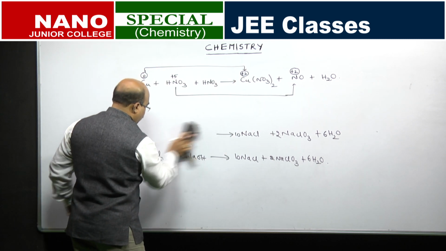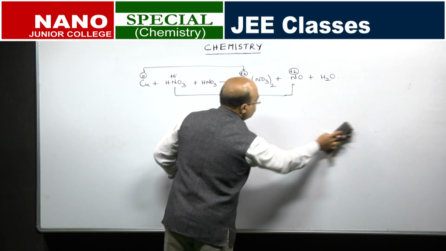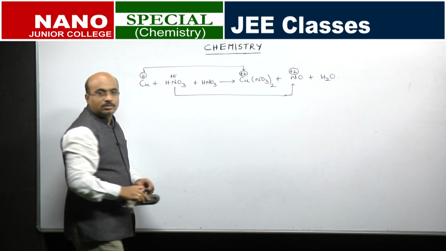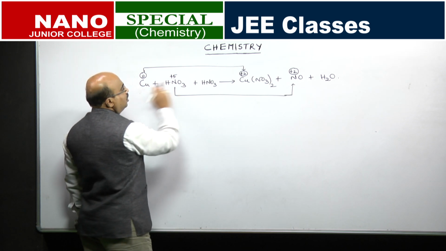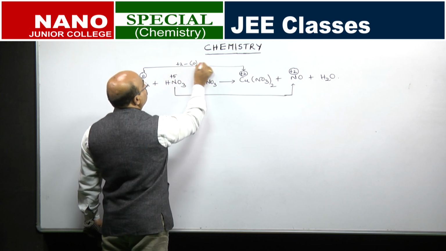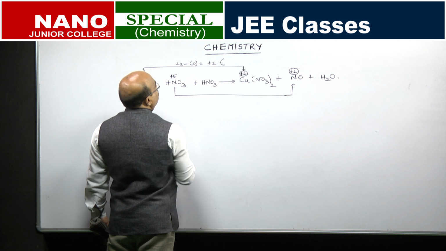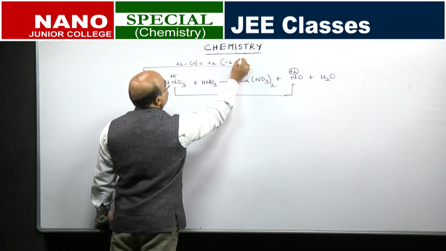So, let us determine what is the increase and decrease again. One copper in one molecule changes: plus 2 minus 0, plus 2, that means 2 electrons are lost.